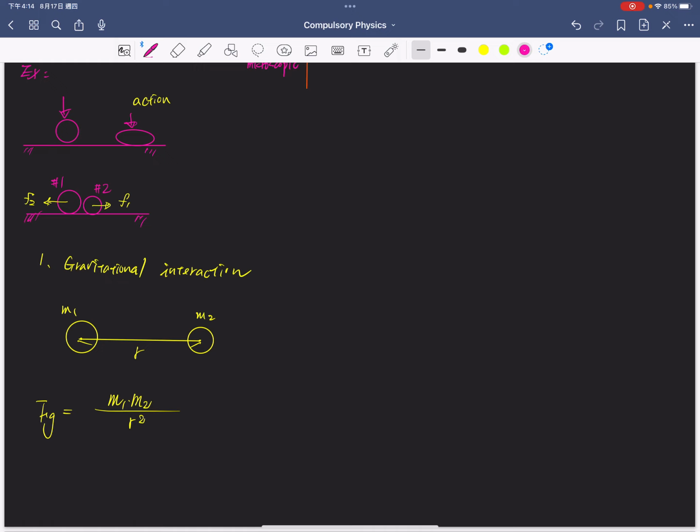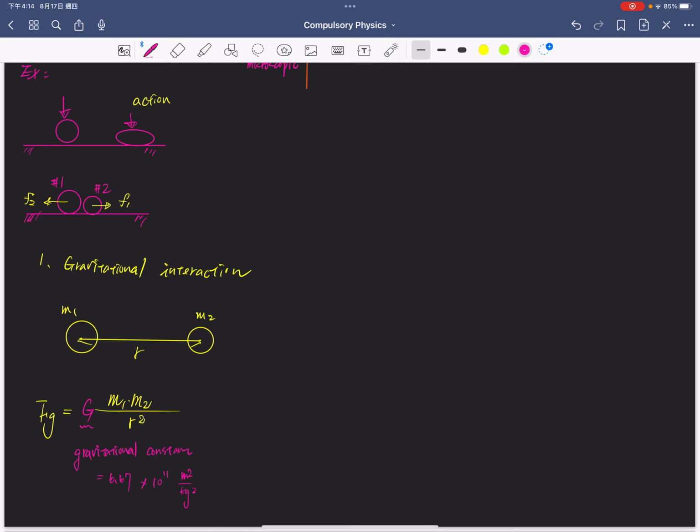Here G is the gravitational constant, and it has a value of about 6.67 times 10^-11. So this is the magnitude of the force.